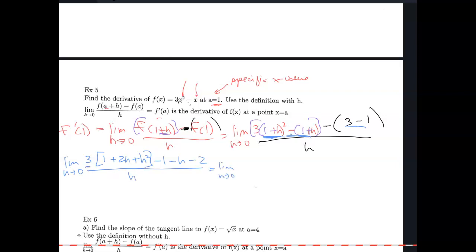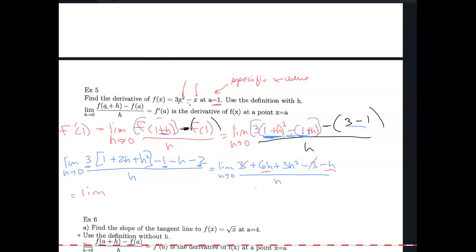So distributing this 3, I get 3 plus 6h plus 3h squared. And I see this negative 1 and this negative 2 gives me a negative 3 minus an h. Okay, anything canceling? Yes, I see the 3's canceling, and I could join these guys together.